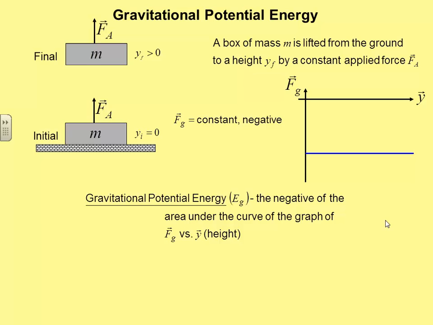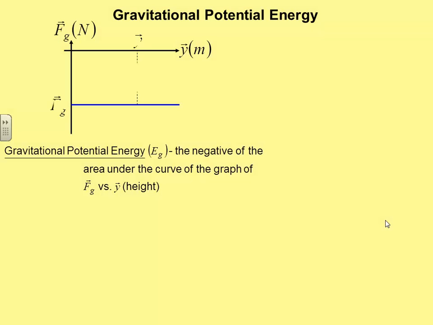We don't have to do a lab like we did to first understand springs, then define elastic potential energy. We've already done a lab on the force of gravity, and now we're defining what that's going to look like graphically. So, if we allow something to be lifted to a height y, while the force of gravity is a constant F_g, the area under this curve is simply a rectangle.